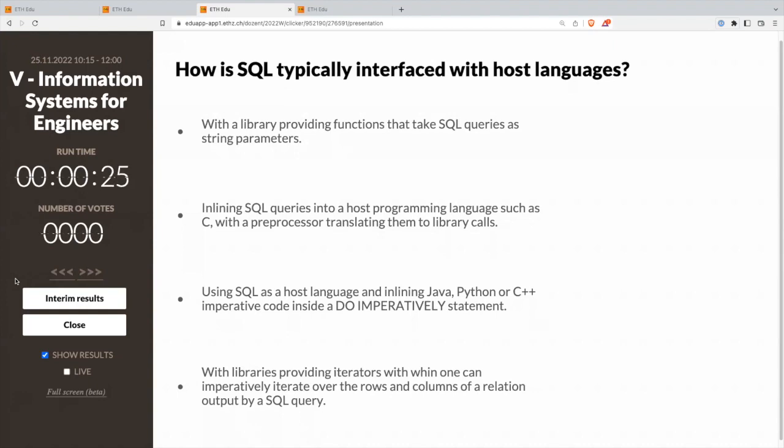And this is what we call a host language. So a host language is typically an imperative language as opposed to a declarative language. And this is basically the business logic, right? So the question here is, how is SQL typically interfaced with host languages? In other words, how is SQL created in the business logic layer?